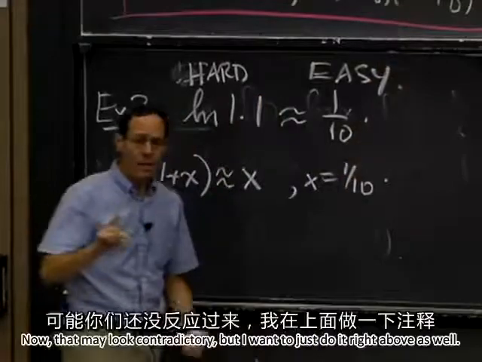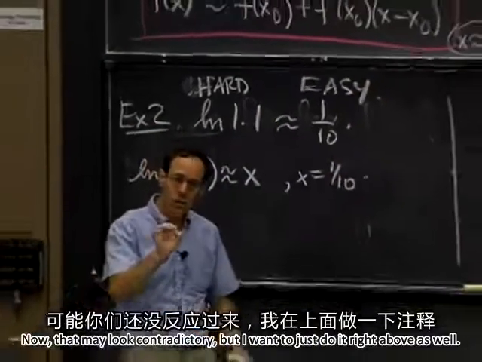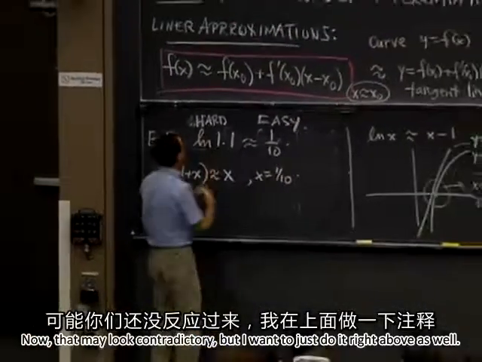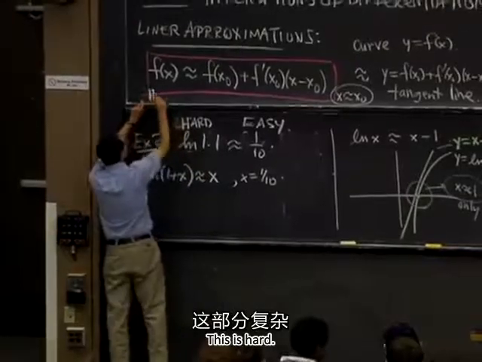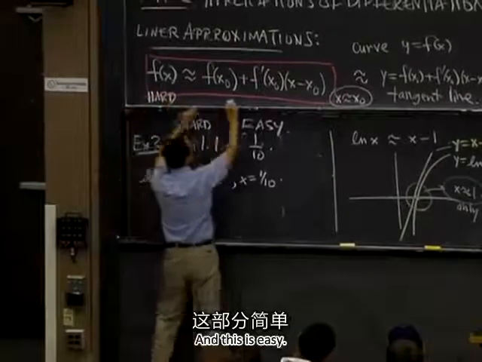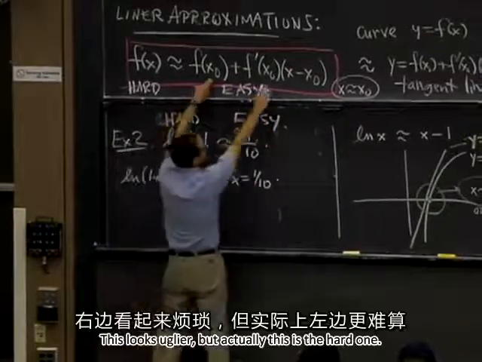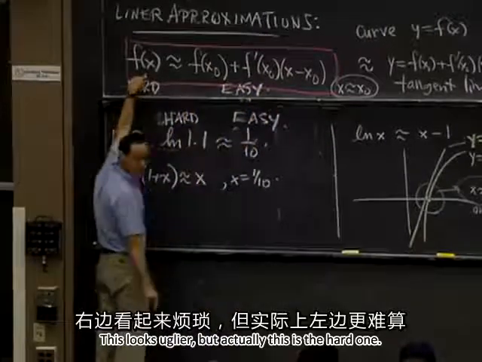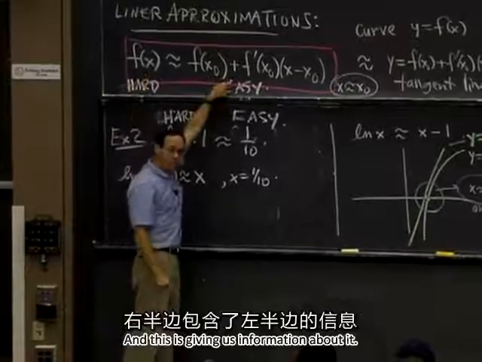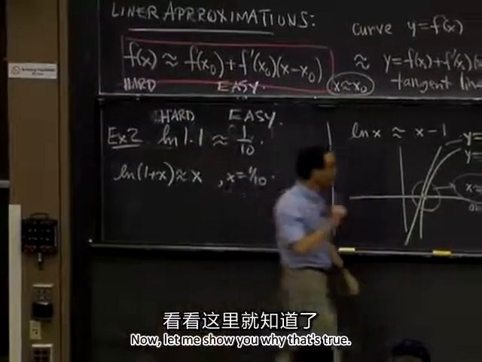That may look contradictory, but this looks uglier, but actually this is the hard one. And this is giving us information about it. Now, let me show you why that's true.